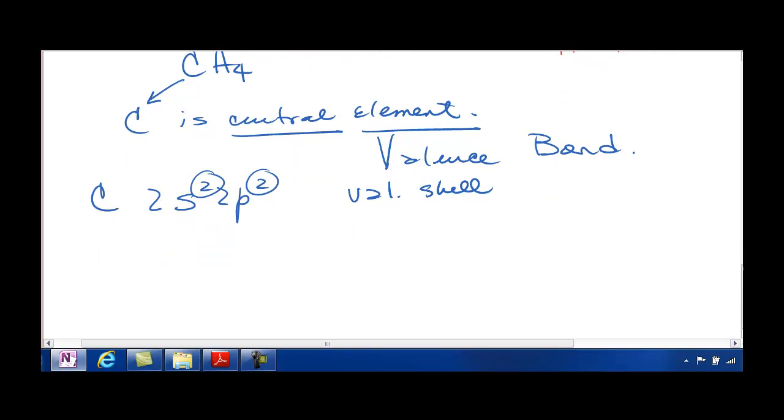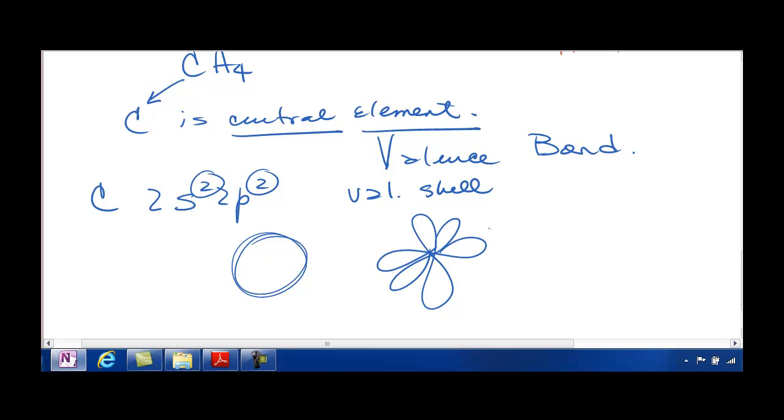And then it says, well, the s orbital is spherical. The p orbitals are dumbbell-shaped, 90 degrees along the x, y, and z axis.